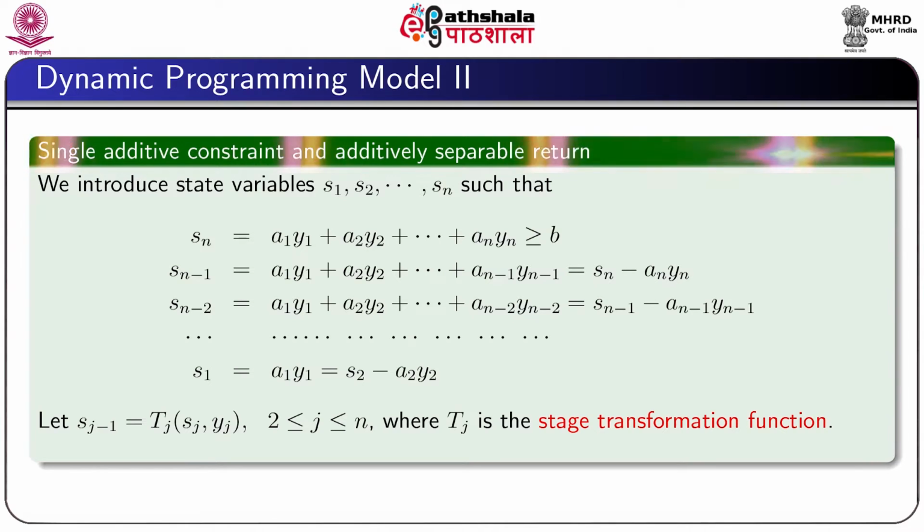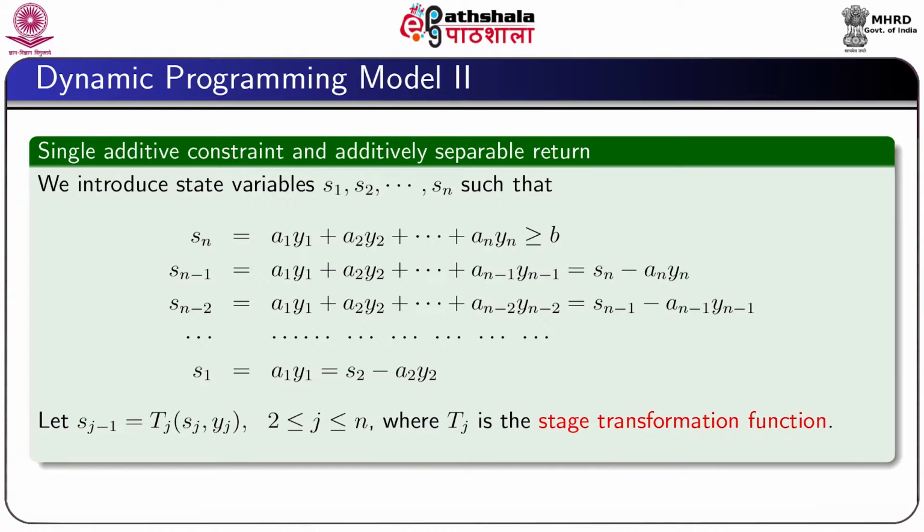Similarly, Sn minus 2 equal to a1 y1 plus ... plus an minus 2 yn minus 2, which is equal to Sn minus 1 minus an minus 1 yn minus 1. And finally, S1 equal to a1 y1, which can be written as S2 minus a2 y2.